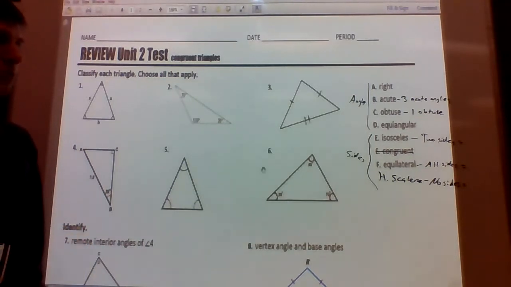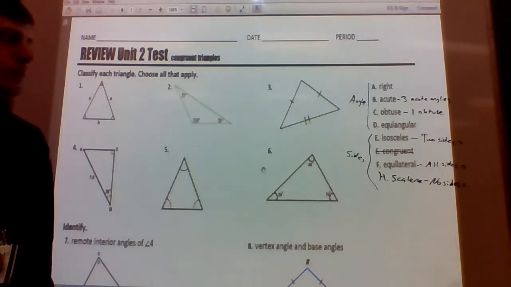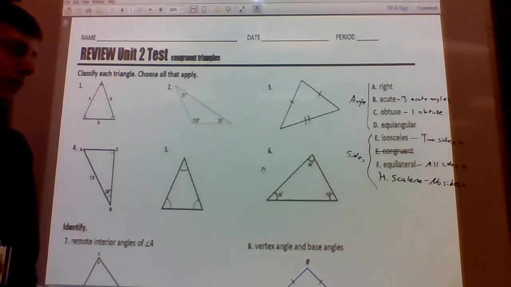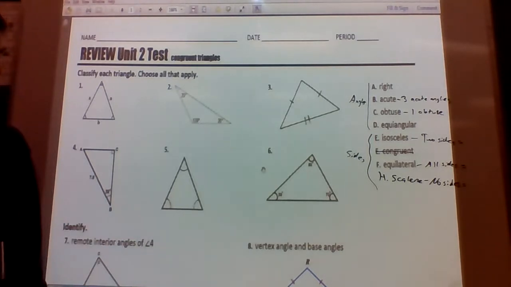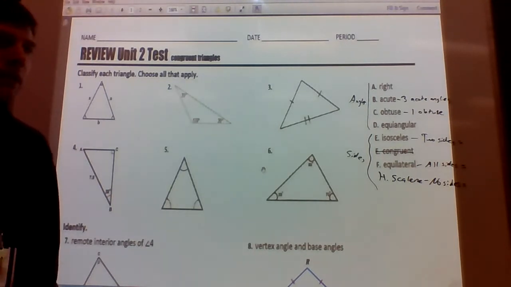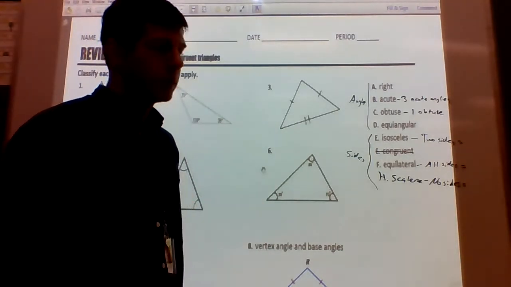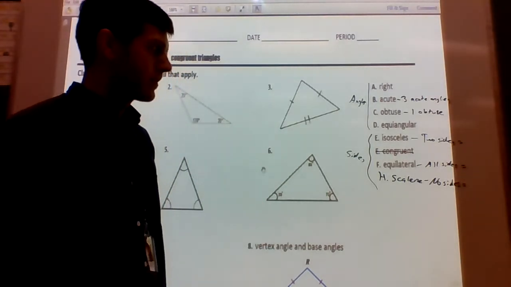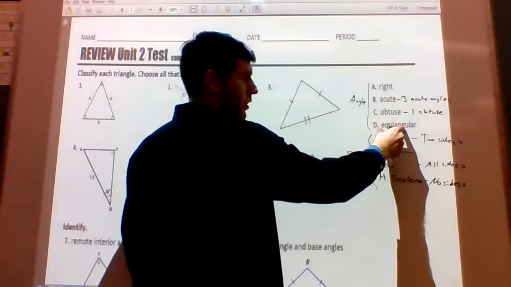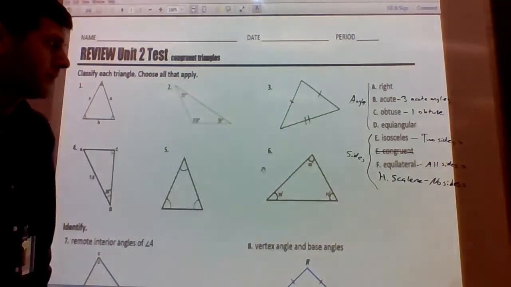A right triangle is going to have 1 right angle, then 2 acute angles, because if one of the angles is right, it's 90 degrees, and therefore the other 2 are going to add up to 90. So neither one can be obtuse. An equiangular triangle, all the angles are the same.